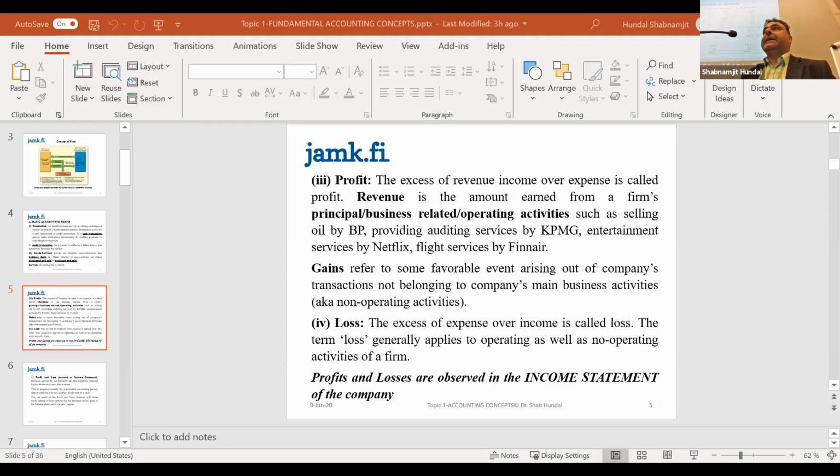Yeah. When I see in the absolute sense, the formula says that as long as your revenue is more than the cost, you are operationally successful.